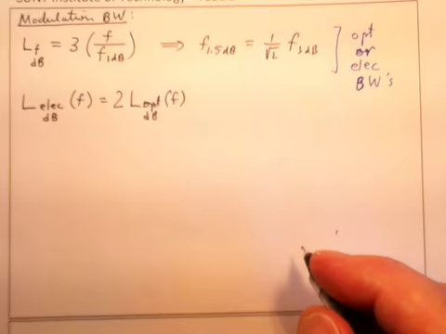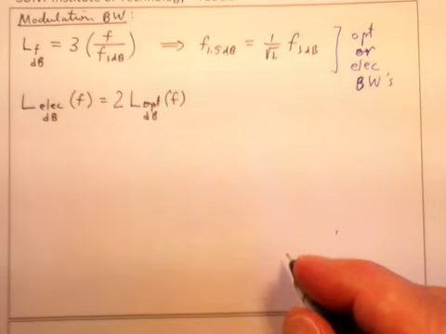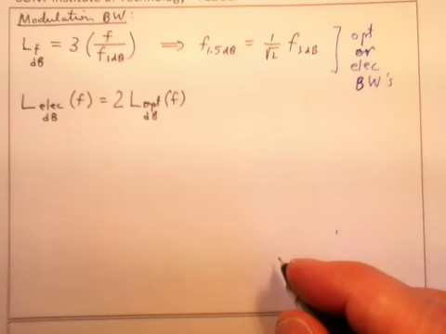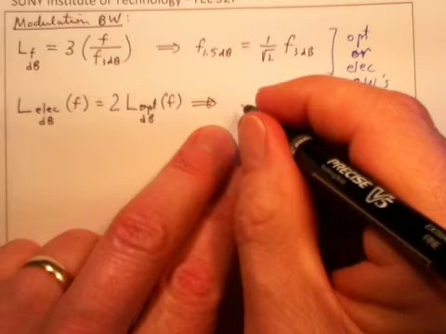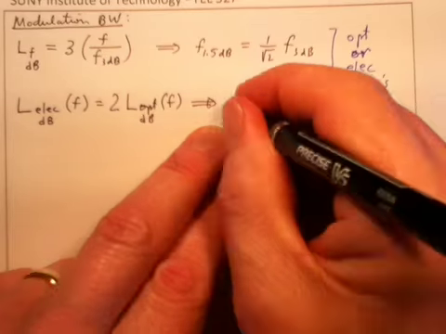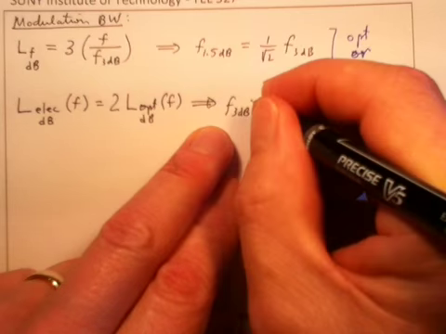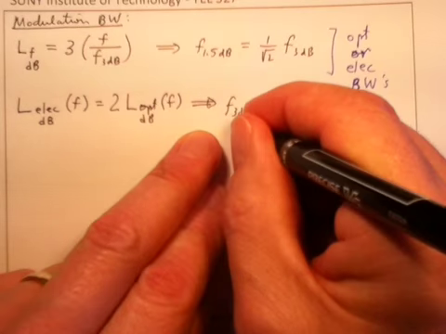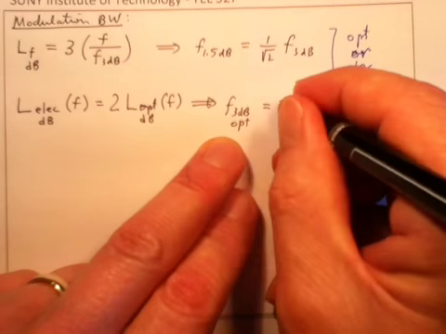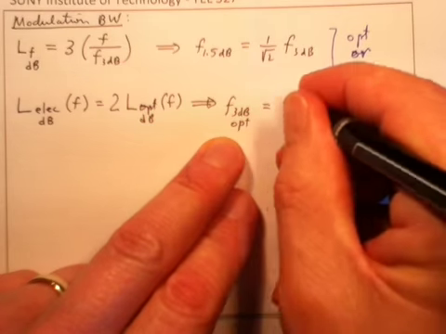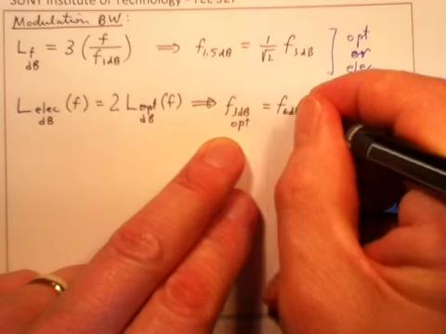And this allows us to derive equations like the following. We can derive from this, for example, that the 3 dB optical bandwidth is equal to the 6 dB electrical bandwidth.